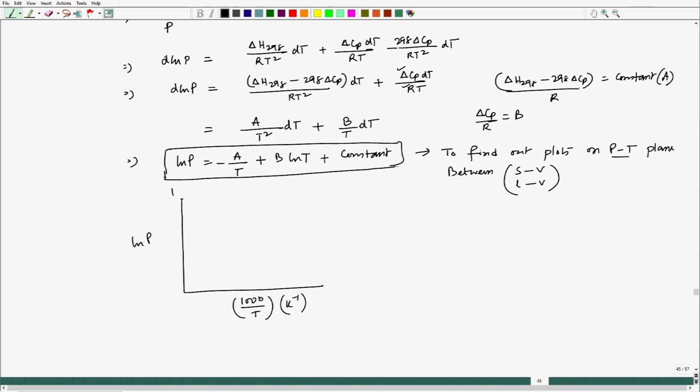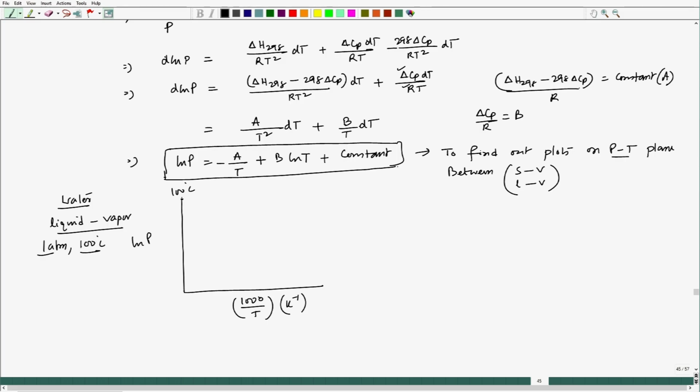Let us say this is 100 degrees Celsius for water, and I am talking about liquid to vapor. Let us say 1 atmosphere, then my boiling point would be 100 degrees Celsius.